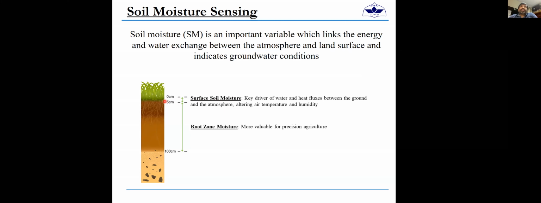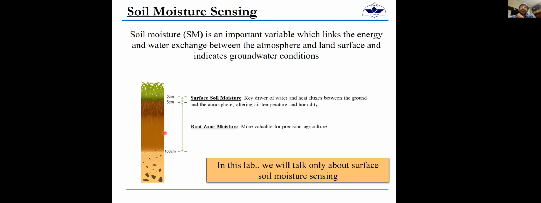But then there is something which is quite in depth. We call it root zone soil moisture. It is much more valuable, for example, for precision agriculture. Just to keep in mind, in this lab we will be focusing only on surface soil moisture, for the reason, as I will tell you, that radio signals cannot propagate enough inside the soil sample.